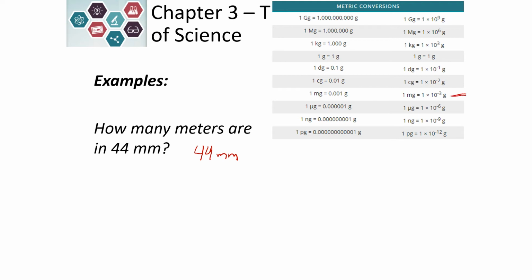So milli is here. We want the milli to cancel. So our 1 millimeter goes on the bottom. 1 times 10 to the -3rd meters goes on top. The milli cancels and we'll be left with meters.